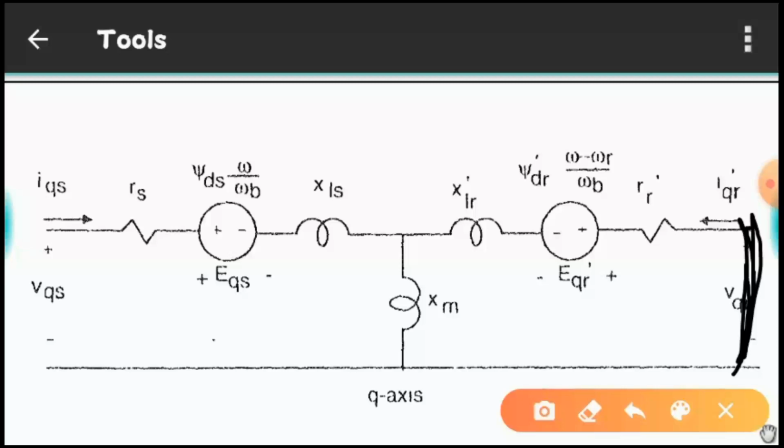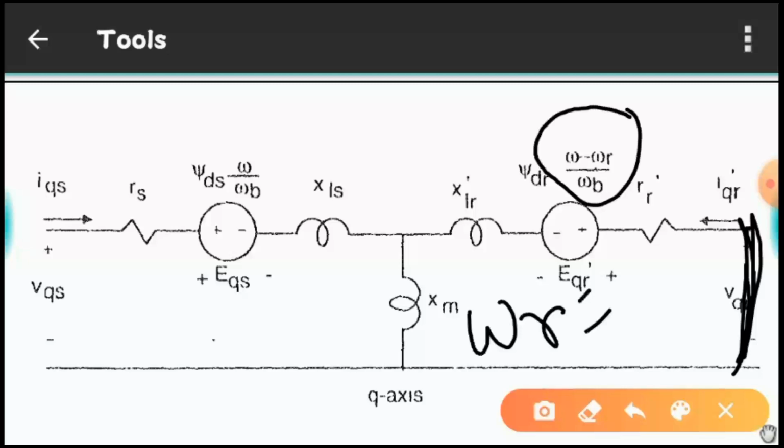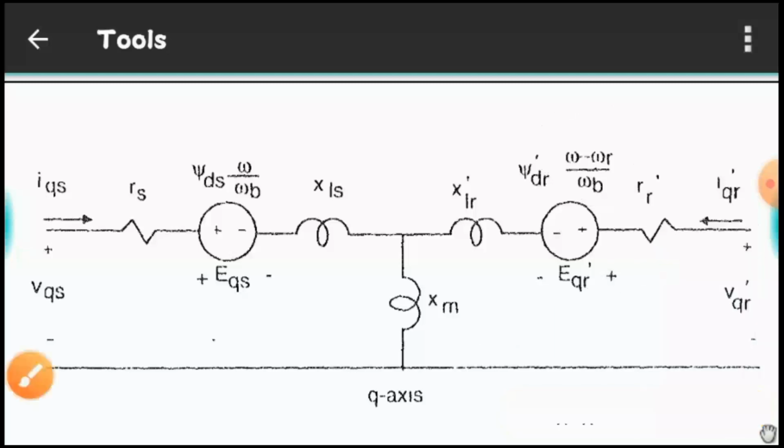The obvious answer we used to give was that in that case there will be no relative speed. If you make omega_r equal to omega_e, then you will have zero current, and this total portion will just behave like an open circuit, right?